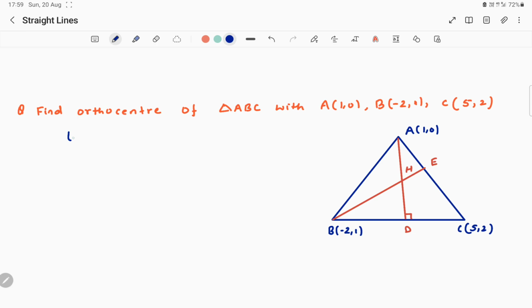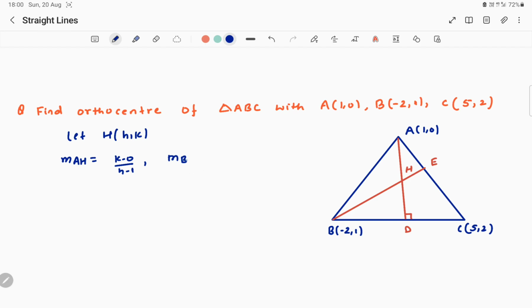Here we can assume the coordinates of the orthocenter are h comma k. If I ask you the slope of AH, you can easily find it: k minus 0 divided by h minus 1.